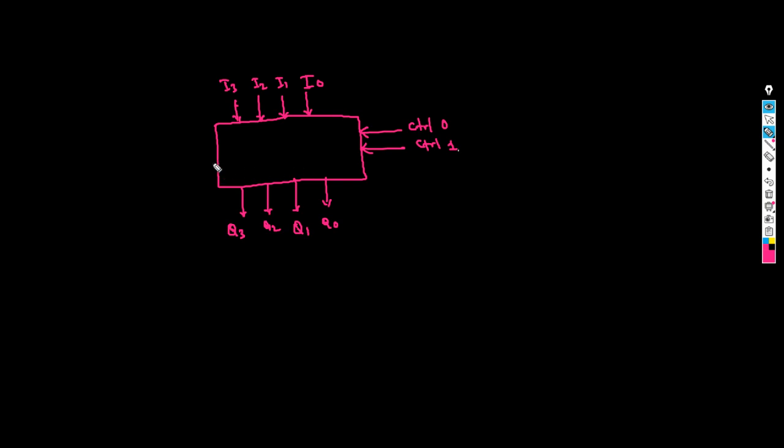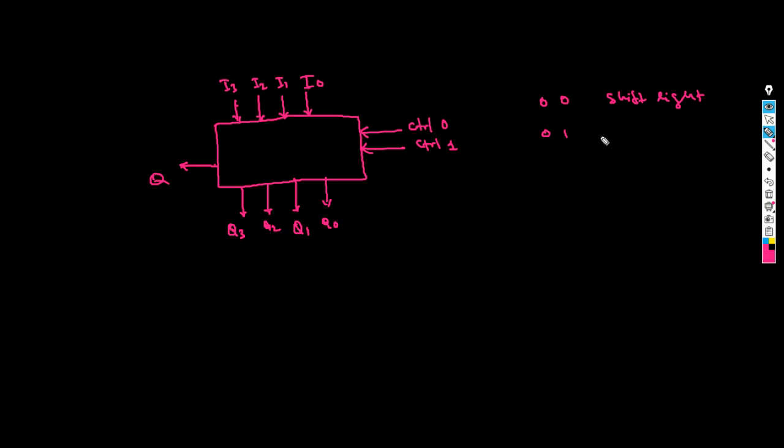Say you also have just one serial output, you can even keep it as just Q. Now, for example, when the controls are both 0 0, then shift right.